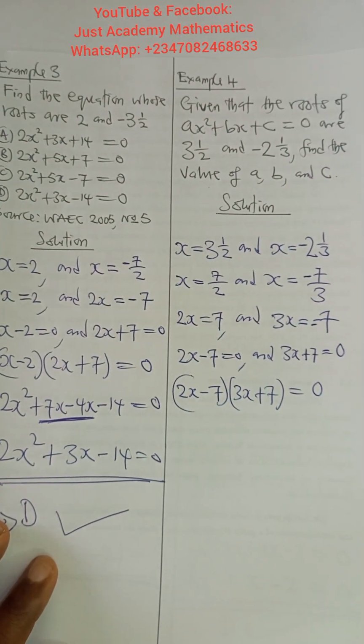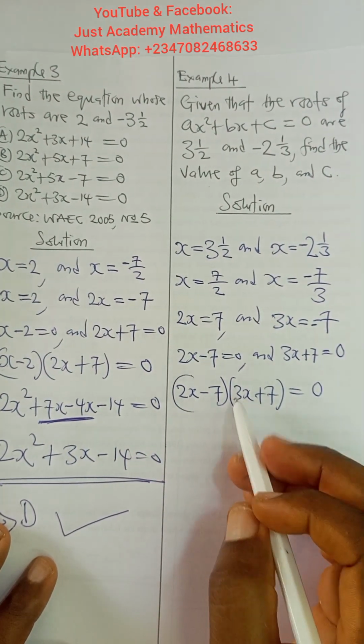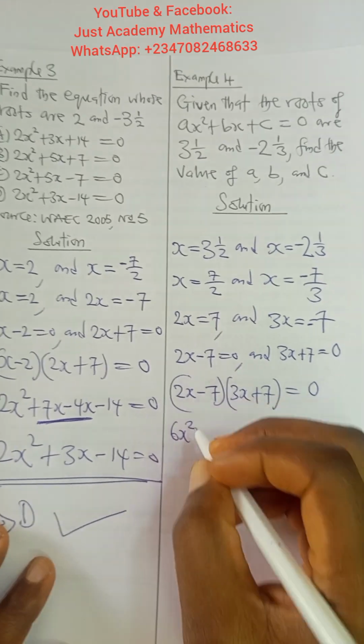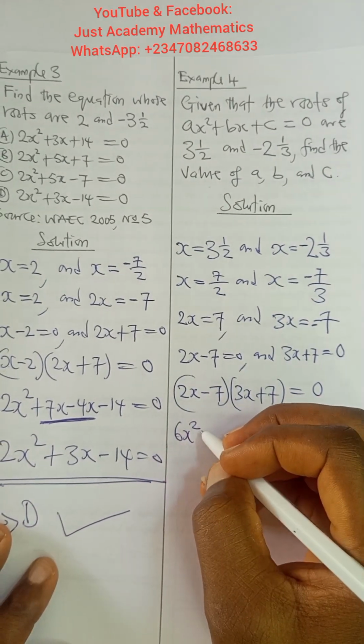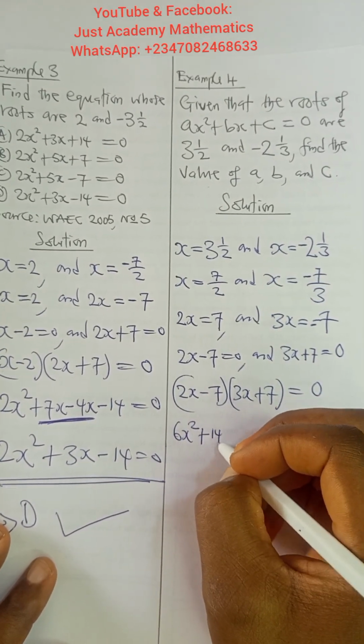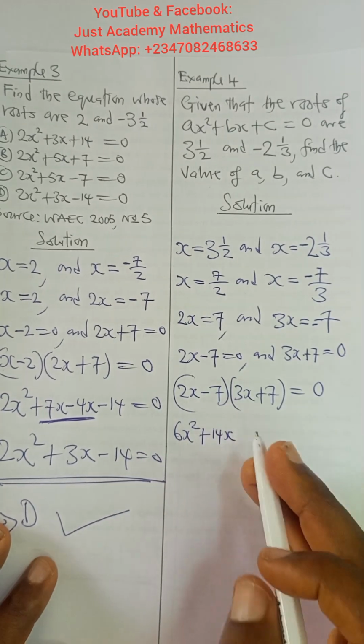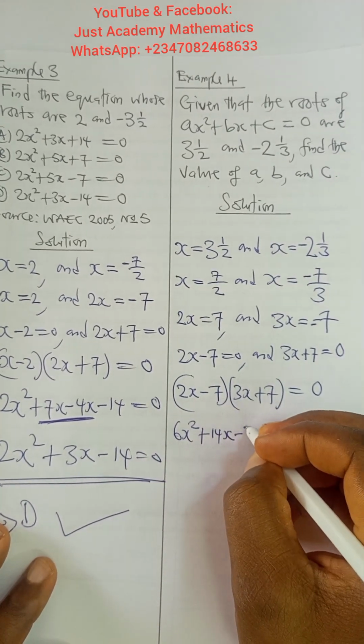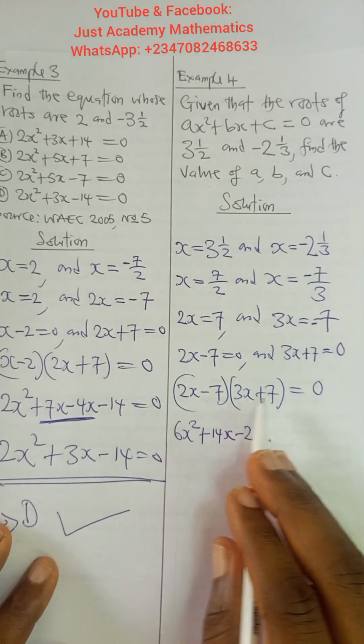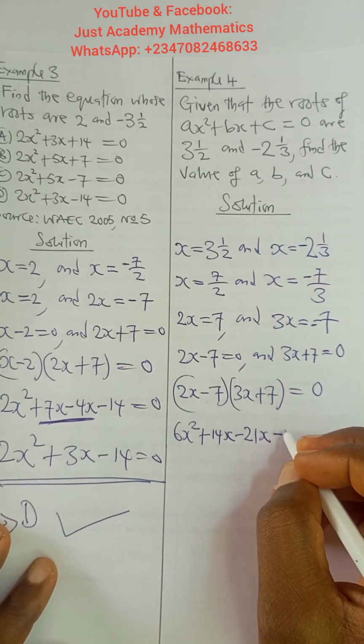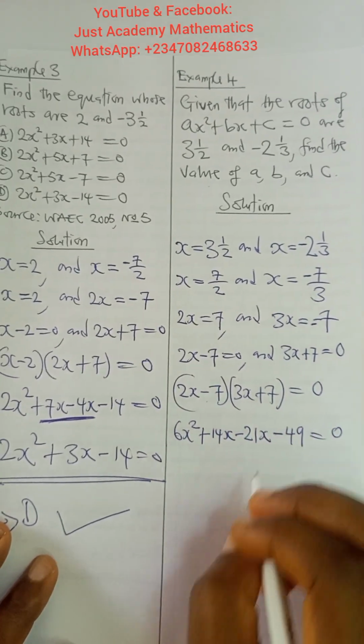So we open the bracket. We have that 2x times 3x is 6x squared. 2x times 7 is plus 14x. Minus 7 times 3x is minus 21x. Minus 7 times plus 7 is minus 49, equals 0.